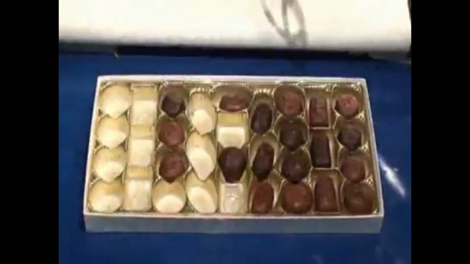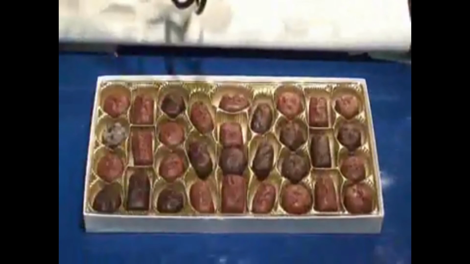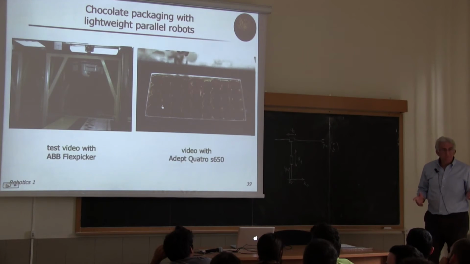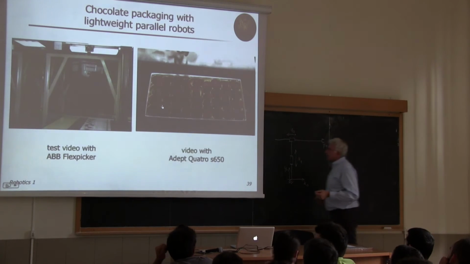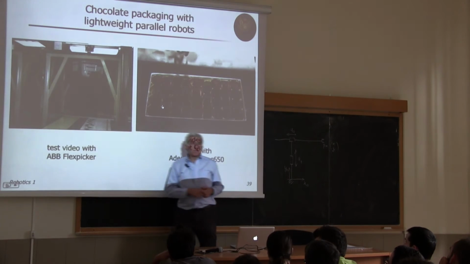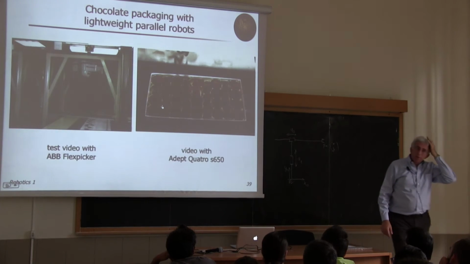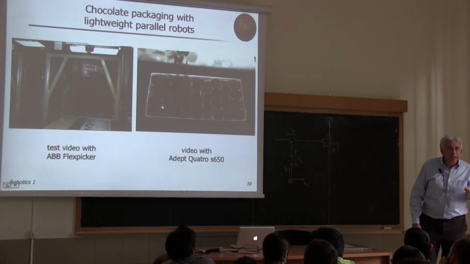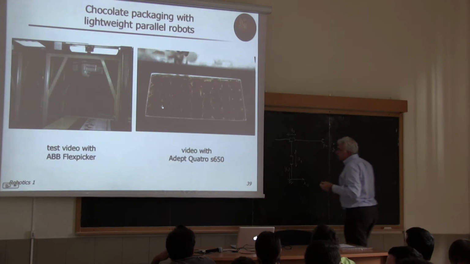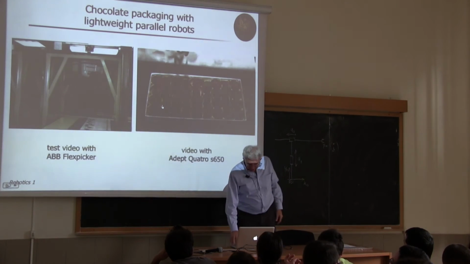This application was first developed and went into production, guess where? Switzerland. Okay. In fact, the original design of the FlexPicker was made by a group in Lausanne from the École Polytechnique Fédérale. Okay. It may be just by chance, but it's okay.